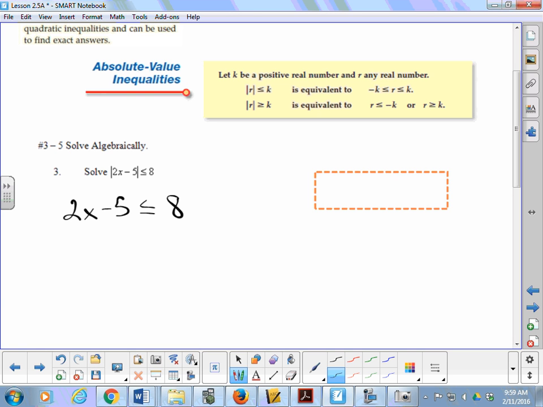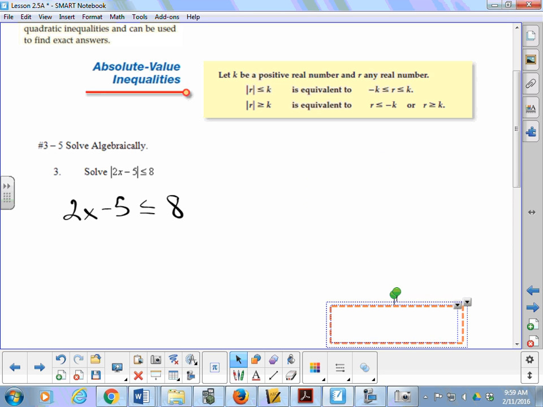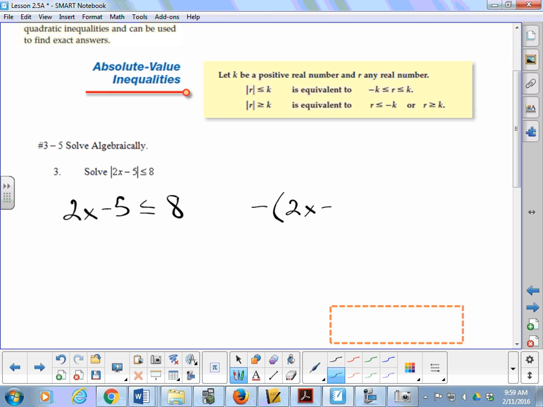Here's what actually happens. Here's what they say mathematically happens, okay, is that what becomes negative is what was in the absolute value. Well, what happens then when I get rid of this?